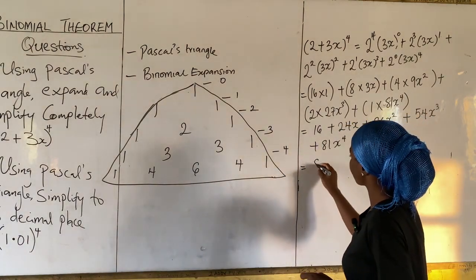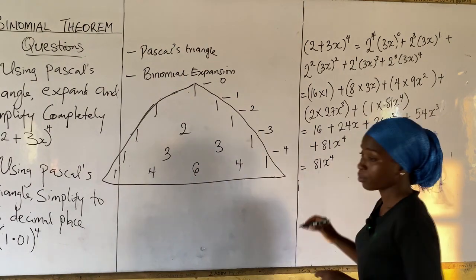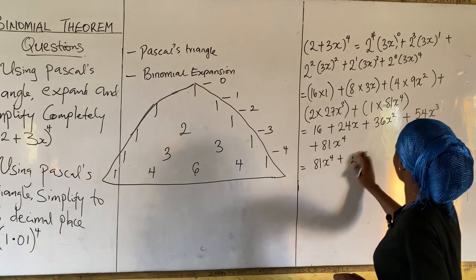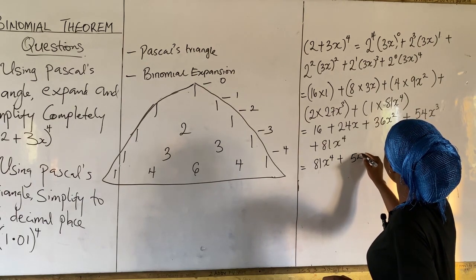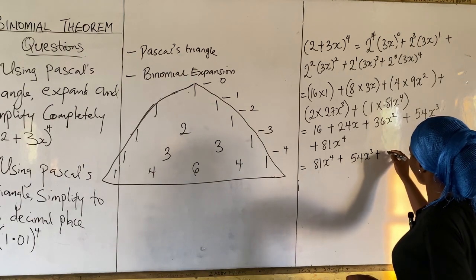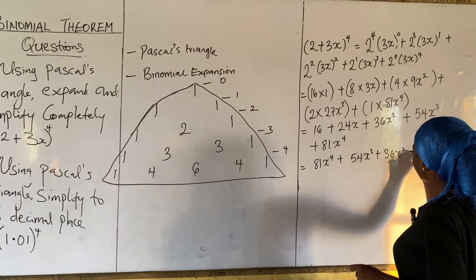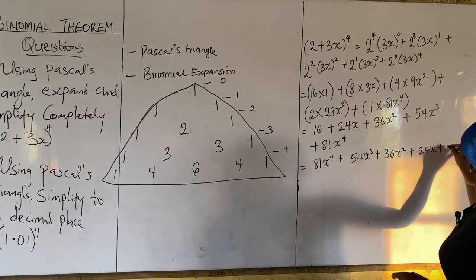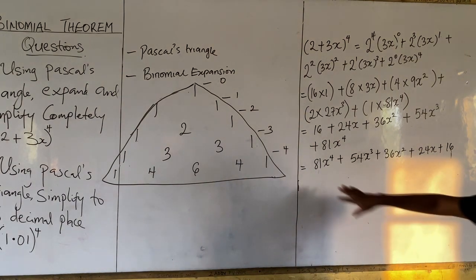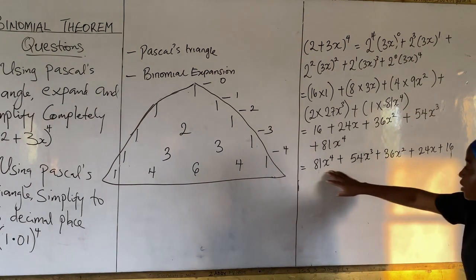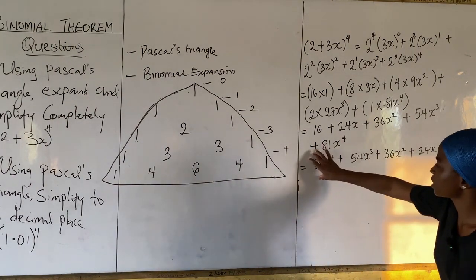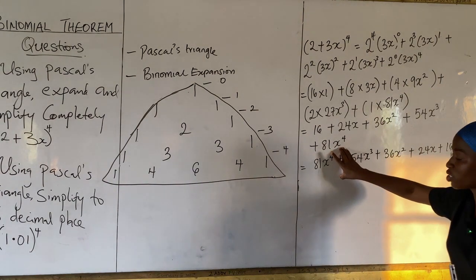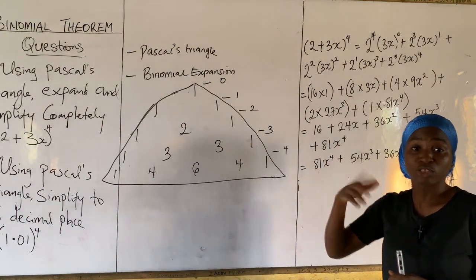If I'm arranging this, I'll be having 81x raised to the power 4 plus 54x raised to the power 3 plus 36x raised to the power 2 plus 24x plus 16. I've actually written it very well. Now, this type of equation is called a polynomial equation. A polynomial equation is whereby your power is more than 2.